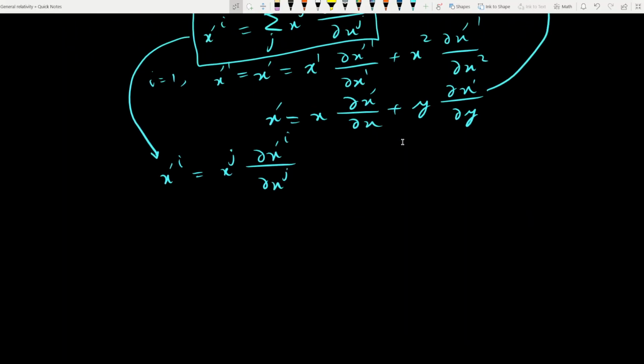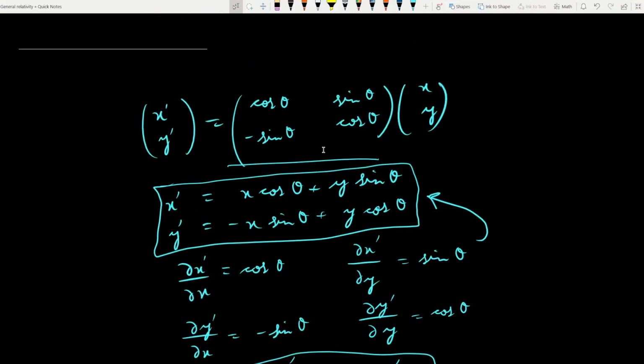Now what if, in place of this x and y, we had the components of a vector? After the rotation, the components of that vector will be shifted, right?